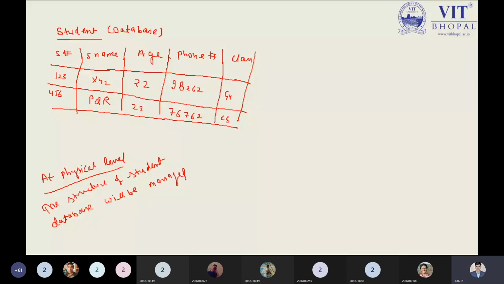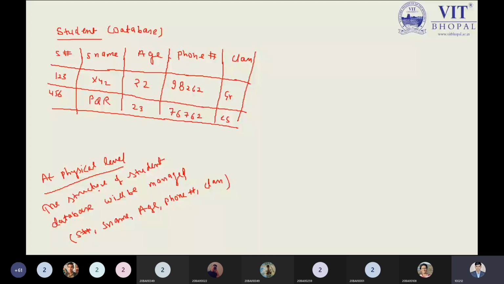What is the structure? The structure will be represented by the student number, student name, age, phone number, and class. These are the attributes, or I can say the various columns by which the structure of the physical schema we can maintain. So that is the physical level.